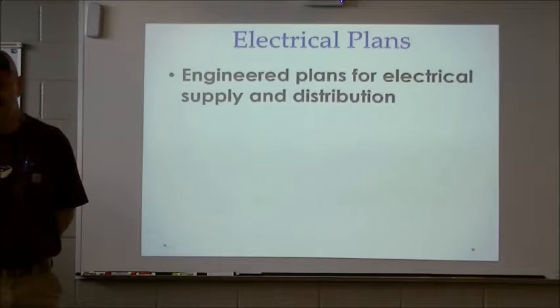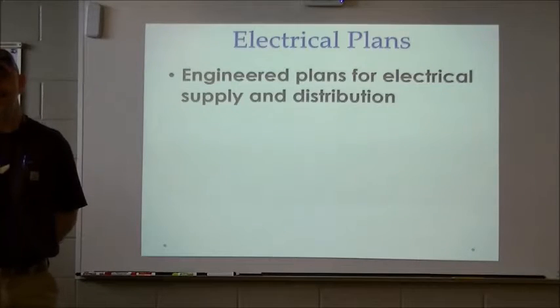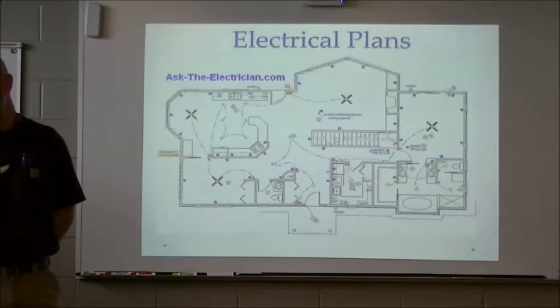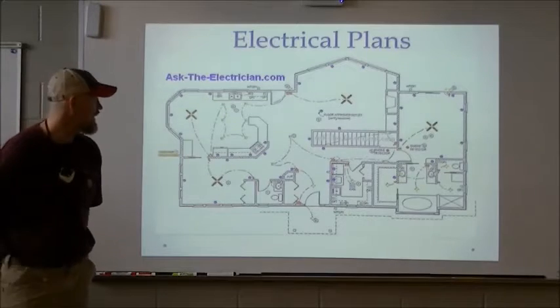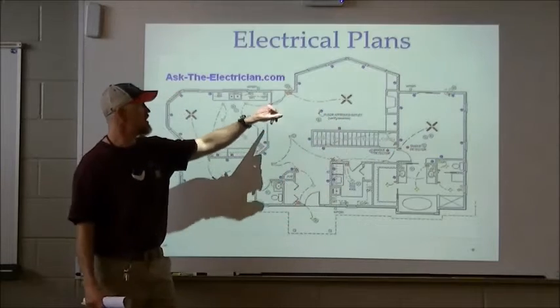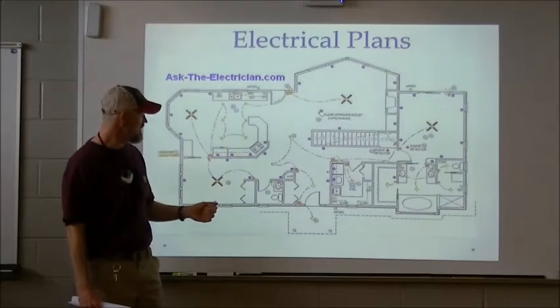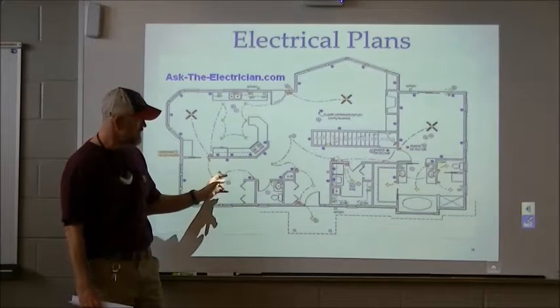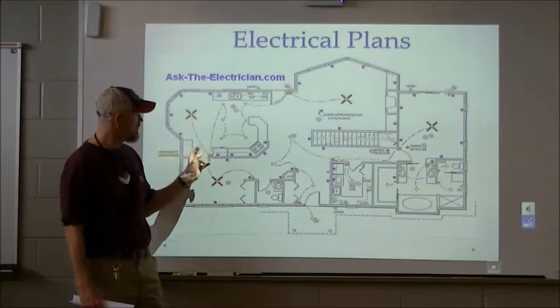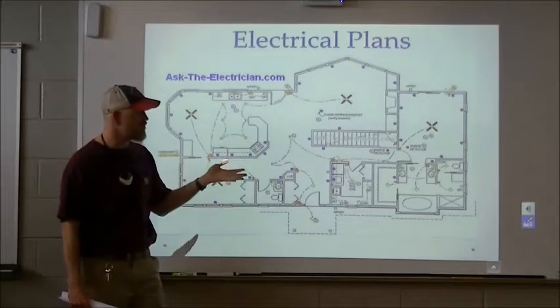Now, electrical plans are engineered plans that show the supply of electricity to a building. Here's an example of an electrical plan. It shows ceiling fans, it shows receptacles, it shows recessed lighting here, and these dotted lines that go from the ceiling fan to the switches, those are the circuit lines.